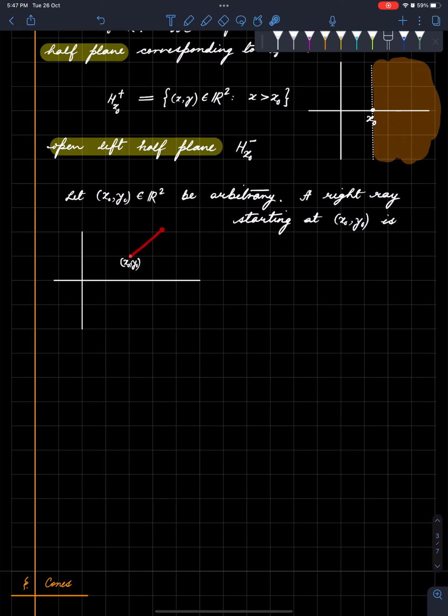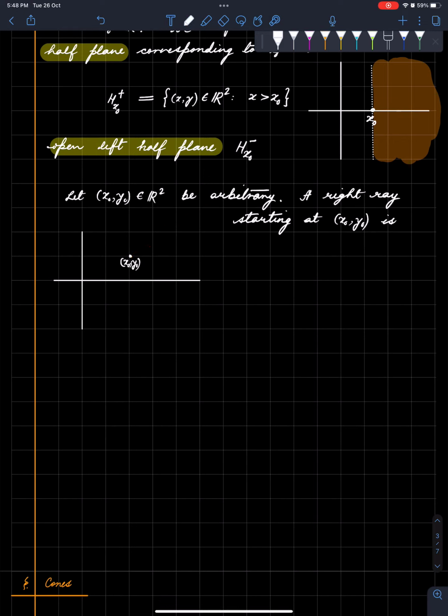It is any ray of this form, except for the vertical rays. It is any ray whose x coordinate increases. So this kind of ray is not a right ray, but this kind of ray is a right ray. So a right ray starting at (x naught, y naught) has the point (x naught, y naught), and all its other points are in the right half plane.